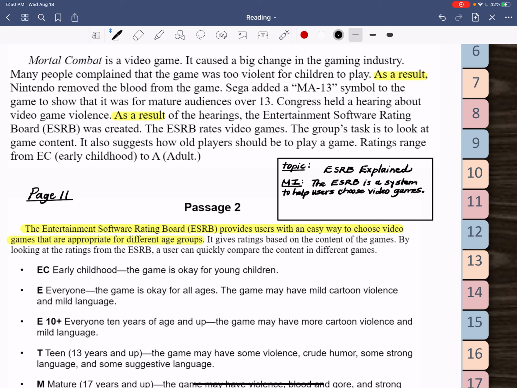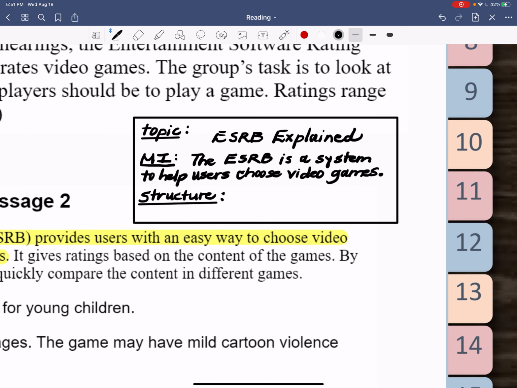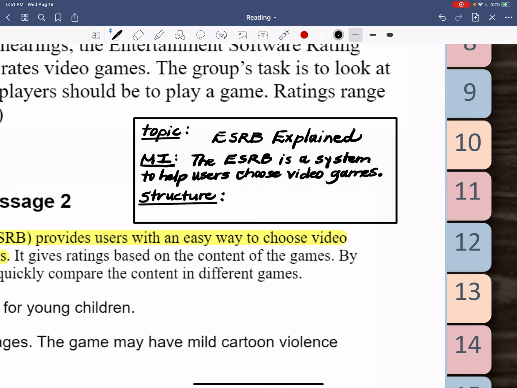Okay, let's decide on the structure of this. It doesn't have dates. It doesn't really have a problem. It gives a solution to a problem, but it doesn't really talk about the problem itself.